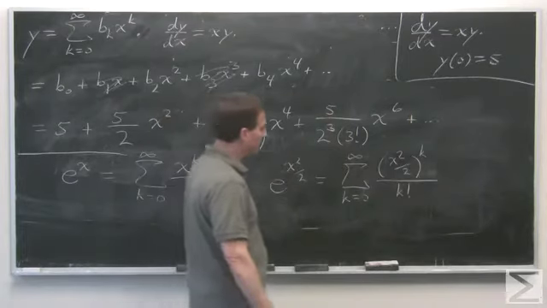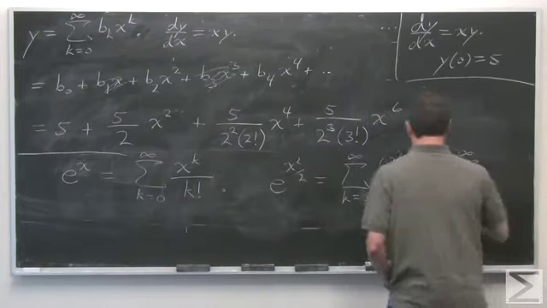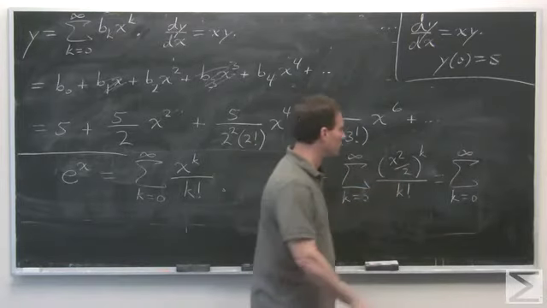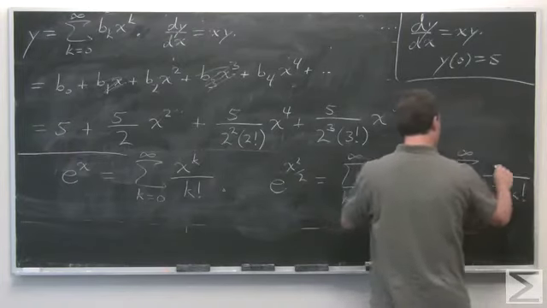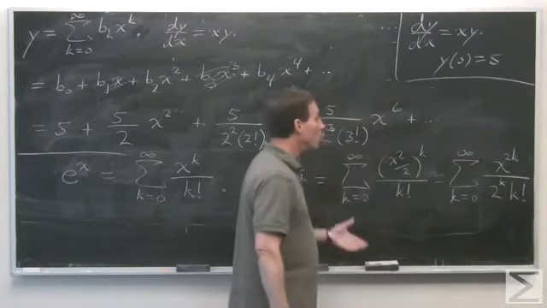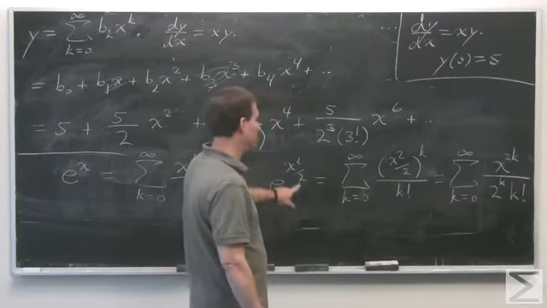But what is that? That is the sum as k goes from 0 to infinity of 1 divided by 2 to the k times k factorial, and an x to the 2k.